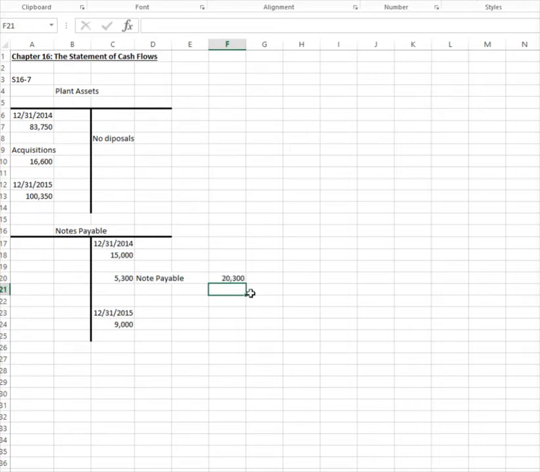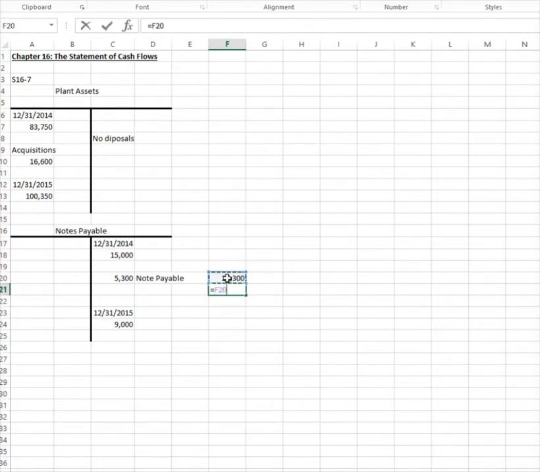Okay, so what I now need to figure out is the amount from $20,300, because that's the starting balance plus anything I added during the year gets me here, and then I've got to put something in the debit side that reduces this amount to get me to my ending balance here. So all I have to do here, I'm going to do another little equation.